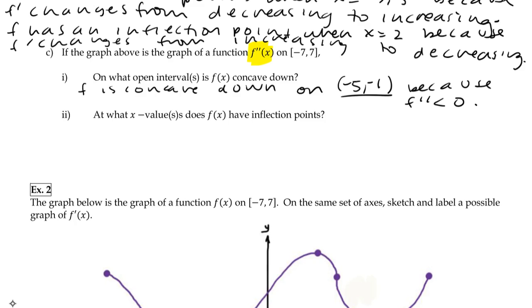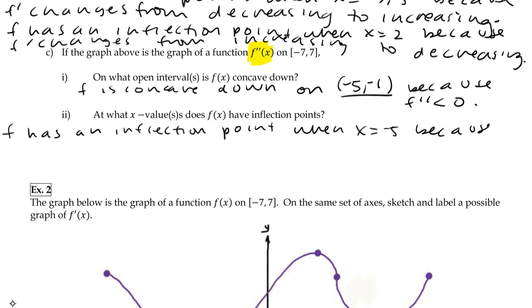F has an inflection point when x equals -5 because f double prime changes from, what did it change from at -5? I believe it was positive to negative.